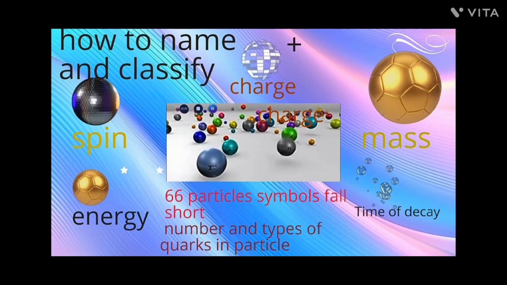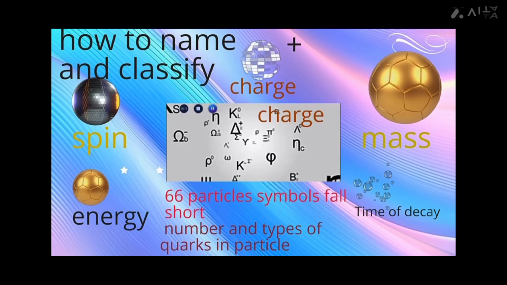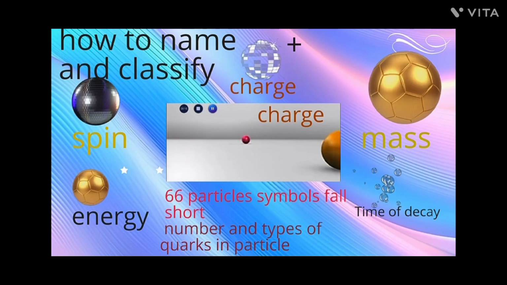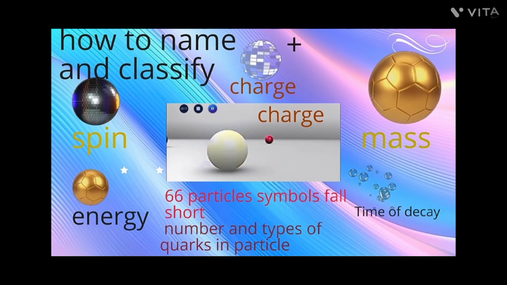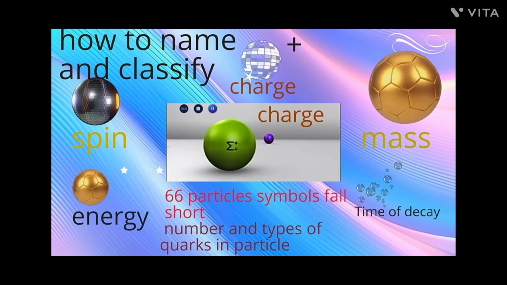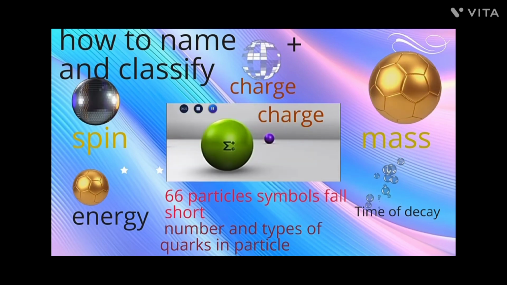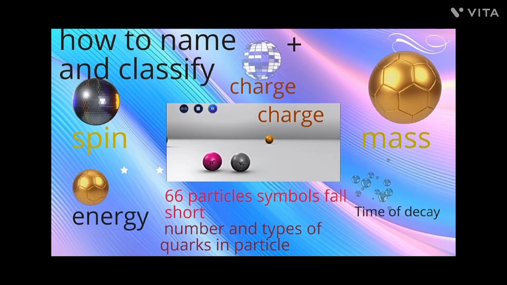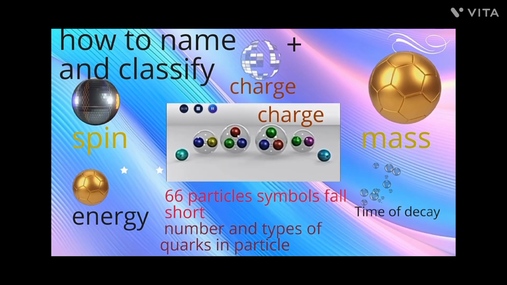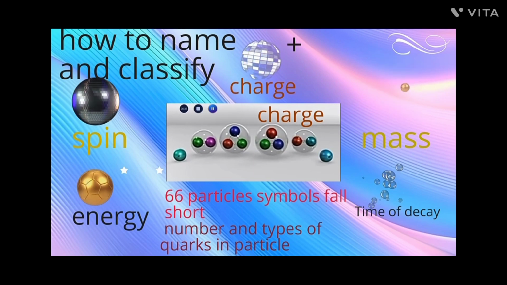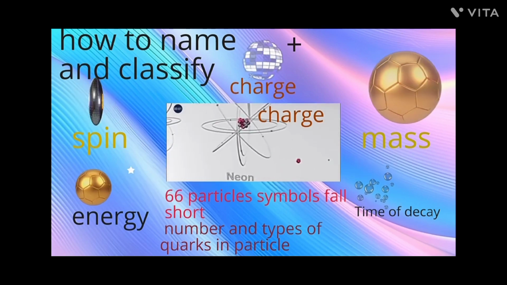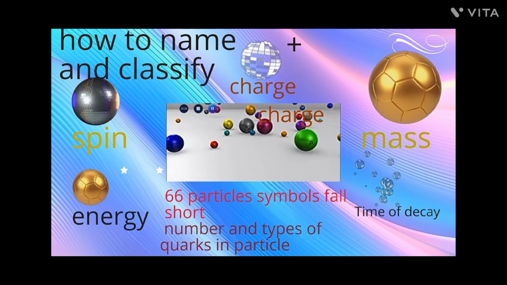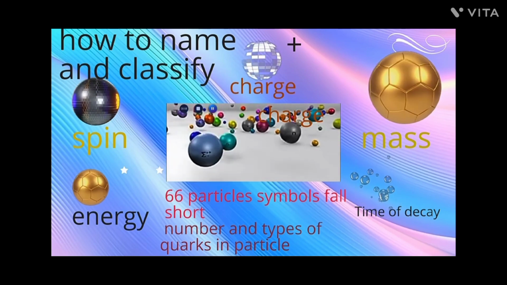What we do is that we track the spinning of the particle, the polarization of the spinning of the particle. We see the charge of the particle. We classify and name particles on the basis of charge. Second, we see the mass. What is the total mass of the particle?